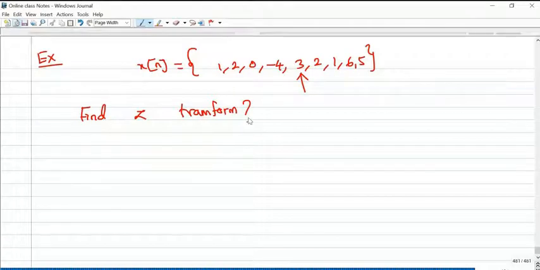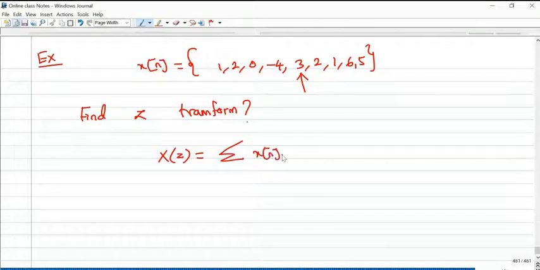Now how to find Z transform? Just substitute the x of n values in the general formula.